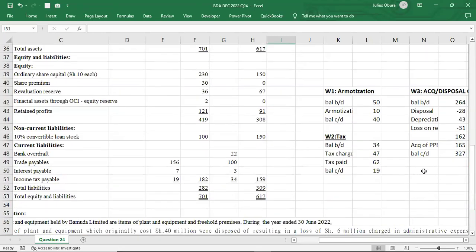We'll have our working 4 for the financial assets through OCI, that is other comprehensive income. So we look at the balance brought down.